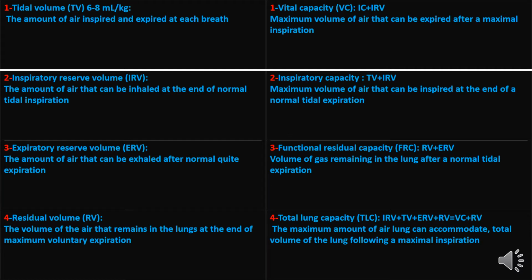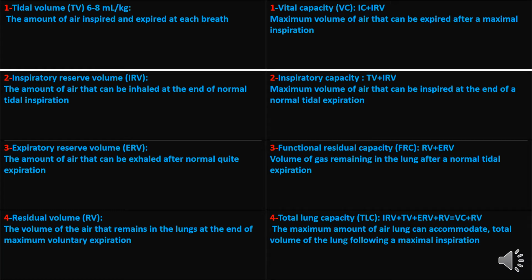So what is the difference between volumes and capacities? Volume is measurable. We measure it on the spirometer. But capacities are calculated. You will not measure them, you will calculate them. It means if I give you the number 2, this number alone you cannot calculate with. You definitely need some other number, like 2 plus 1, 2 plus 5.